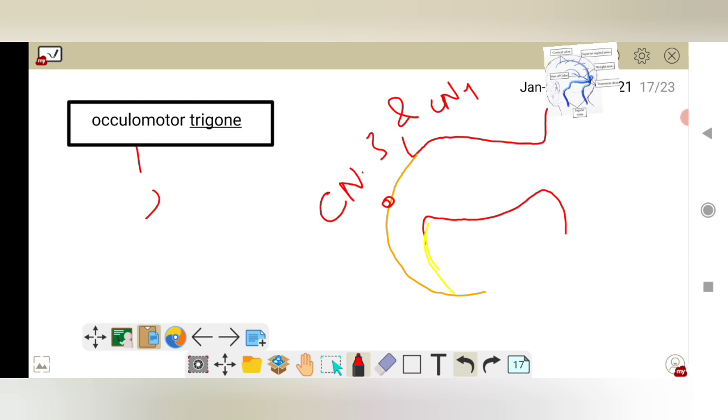This oculomotor trigone in front is continuous with the roof of the cavernous sinus. The cavernous sinus is again an important topic we will study in another lecture.